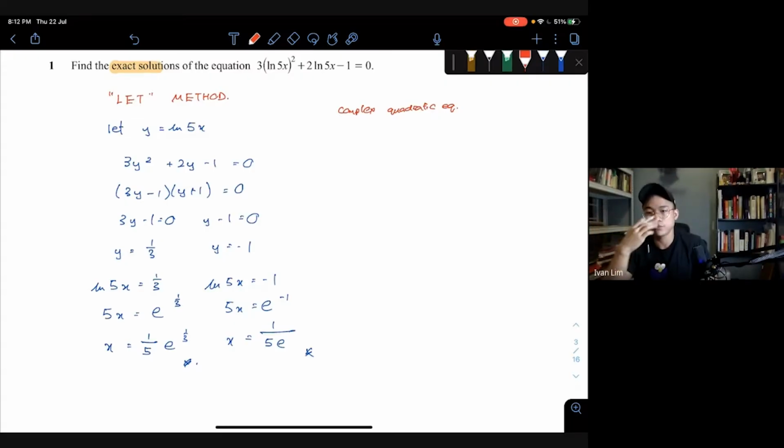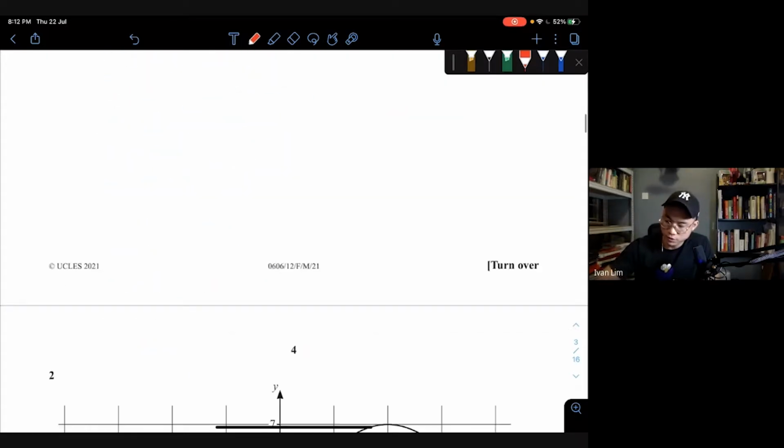It's directly related to your log and exponential chapter, because when you have unknown powers, or you want to bring your power down. In this case, they're asking you about ln already, then you change it to exponential. Okay, any question on this one? No. Okay, let's move on to the second one.